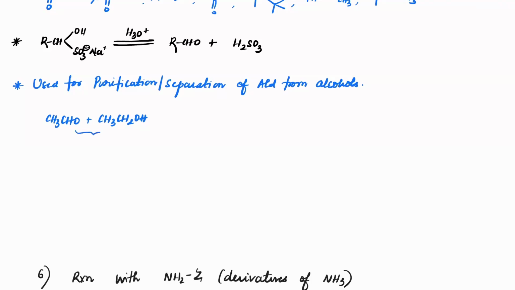So now if I take this mixture and react it with sodium bisulfite, NaHSO3, what do we get? We'll get CH3CHOH and SO3 minus Na plus. This forms a precipitate, but the alcohol remains the same. Alcohol does not have any impact. Okay, it remains liquid only.